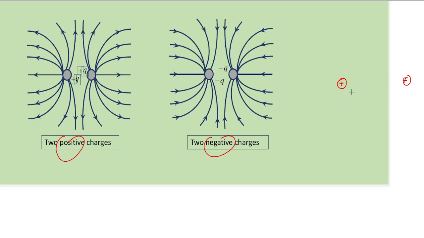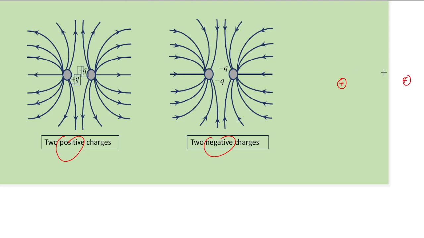What will happen is this field line which is trying to come will be pushed by this field line. So we won't have any field line which connects them directly. Now this field line is going like this. It's been pushed away by this field line, like this. Same here also, it will be pushed away like this.